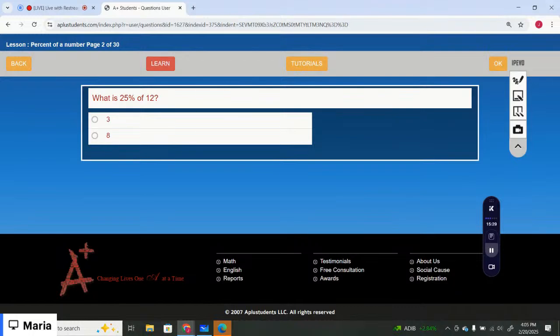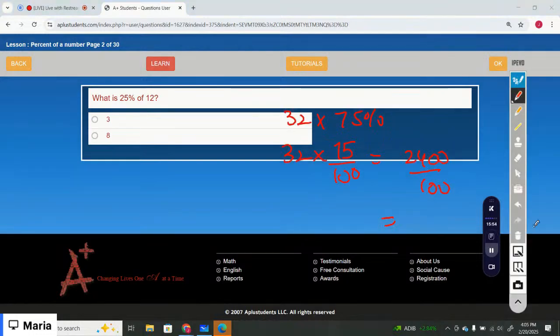What is 25% of 12? 25% of 12, that is 25 over 100 times 12.